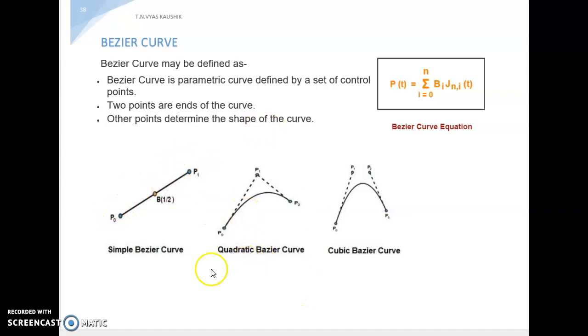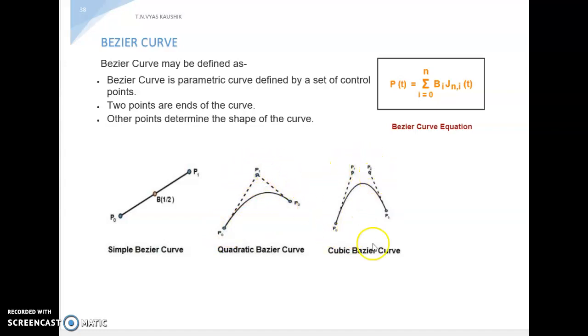But in the quadratic Bezier curve, there is one point which is not on the line of sight between the start point and the end point. So the line bends. This part is known as a curve, and this is a cubic. So if one control point is out of the line connecting P0 and P2, then it is known as quadratic.